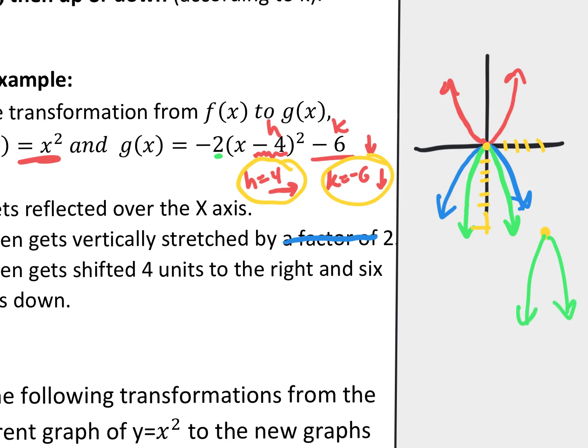So the skill that we're trying to build here, ladies and gentlemen, is understanding the original parent graph and then looking at these different values, the a, the h, and the k, and being able to understand what happens to the original and how you end up. I mean, imagine that, guys. You're going to be able to look at an equation on a multiple choice test, and you're going to be able to see that it's the one that has a vertex at 4, negative 6, and that's a little bit narrower, that's opening down.